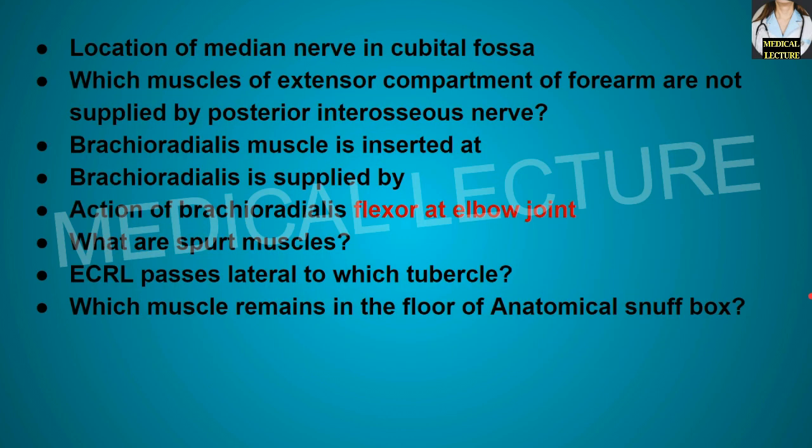Extensor carpi radialis longus passes lateral to which tubercle? ECRL passes lateral to the Lister's tubercle. Which muscles remain in the floor of the anatomical snuff box? Extensor carpi radialis longus and the extensor carpi radialis brevis muscle.